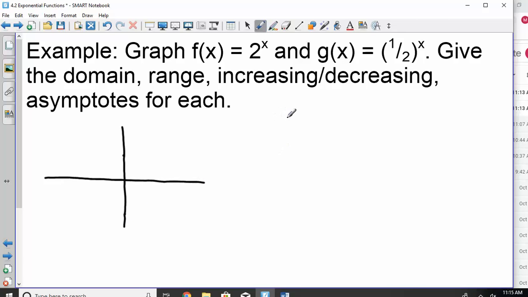Okay, so we know when we're graphing we can make t-charts. So if I want to graph 2 to the x, what should I plug in for my x? 1. So 2 to the first is 2.